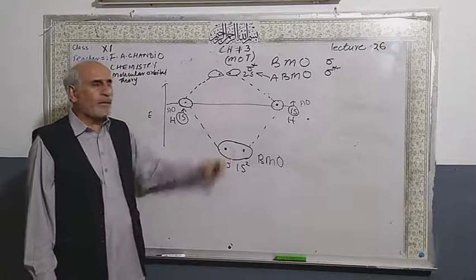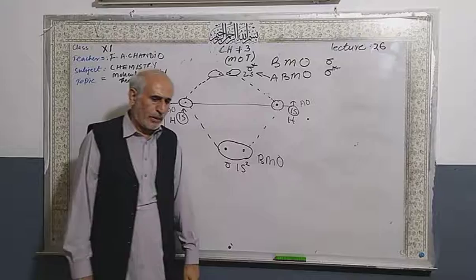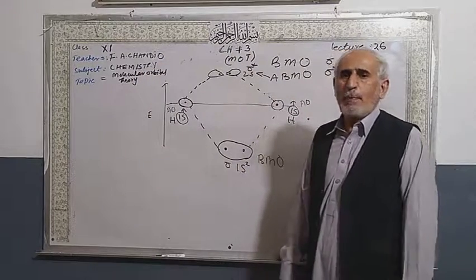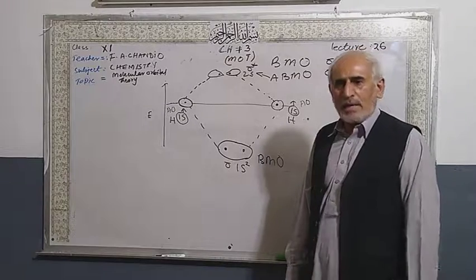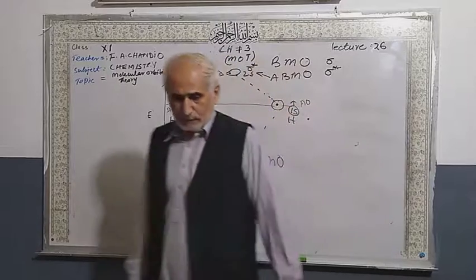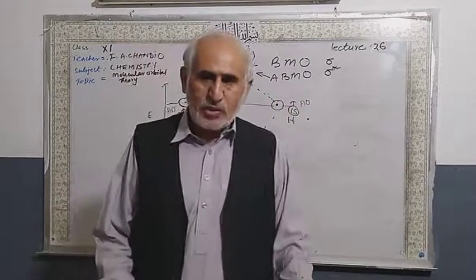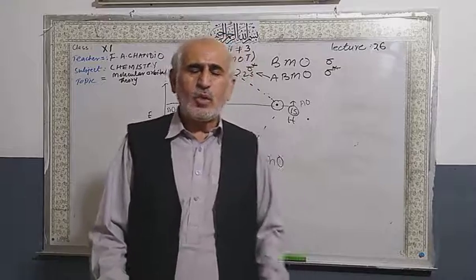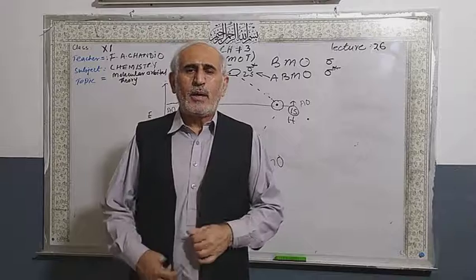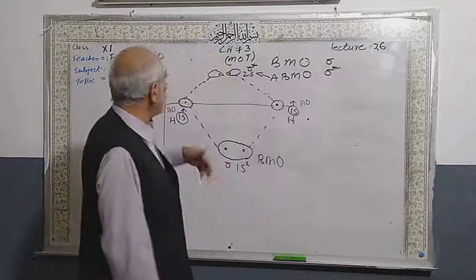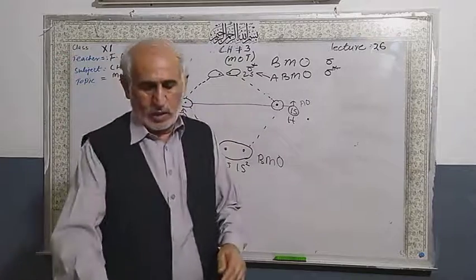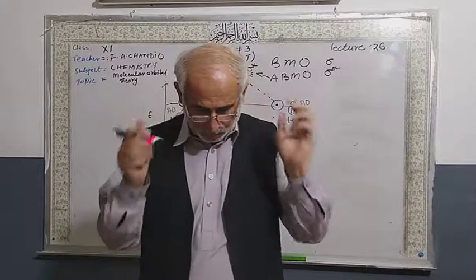See the gap: not a perfect overlapping, not good mixing, a weak bond compared to sigma, with high energy, unstable, called sigma star. So dear students, this is the definition. When you define the molecular orbital theory, write this simple example of the hydrogen atom.